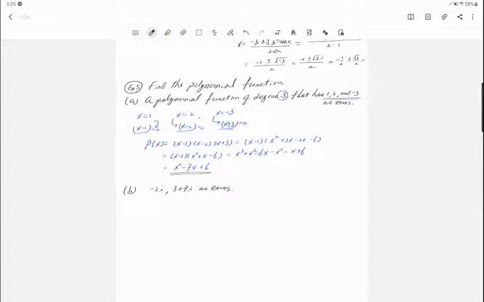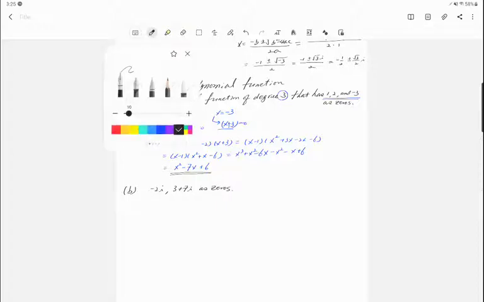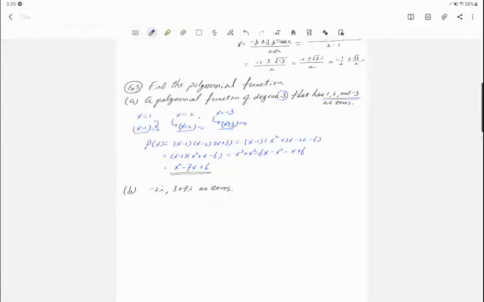Okay, the next one. Negative 2i is given as a zero, so we know that the conjugate, 2i, is also a zero. And 3 plus 7i is a zero, so we know that 3 minus 7i is a zero.